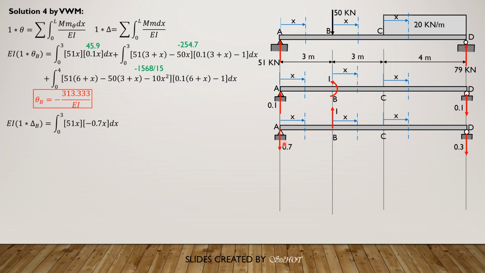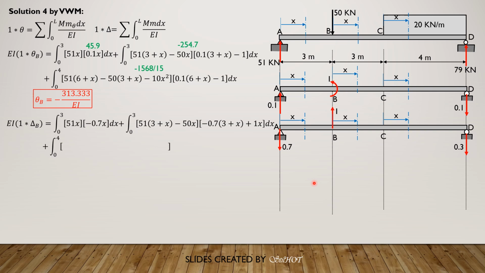Then this time it is negative 0.7 times x, because this is now clockwise. Then plus integral of 51 times (3 plus x), you copy before, minus 50x, then times negative 0.7 times (3 plus x), the moment arm, then plus 1 times x, or simply x dx.